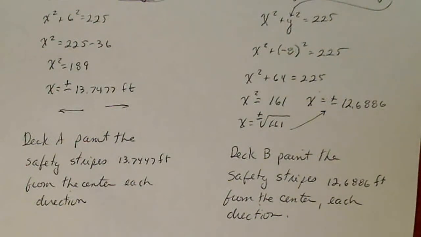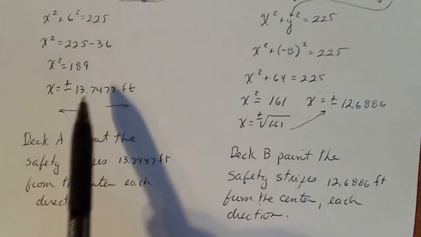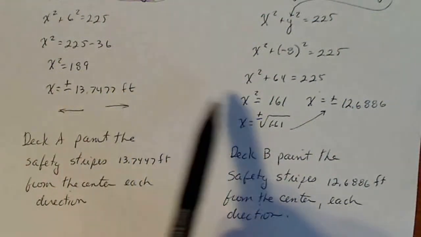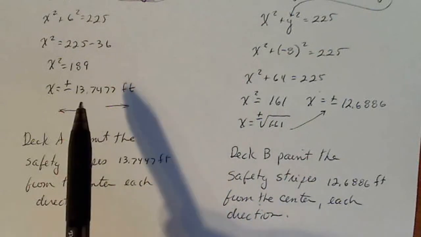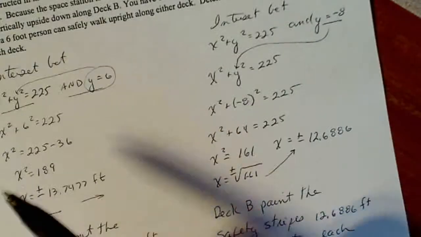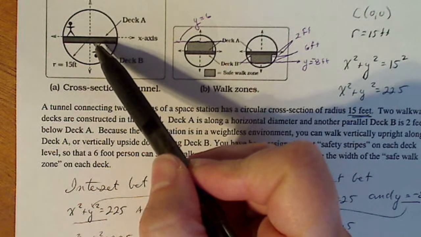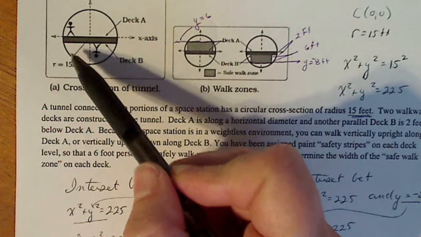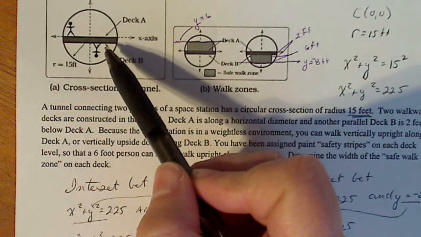Now, we've got to see if this makes sense. The radius itself, going all the way to the wall, is 15 feet, and this is less than 15 feet in both cases, so that makes sense. Does it make sense that deck B should be a shorter distance than deck A? Yes, because this 2 foot distance in between takes up space that deck A has and deck B does not.